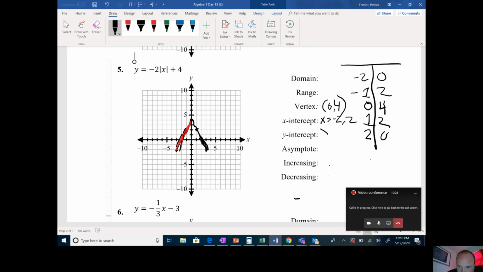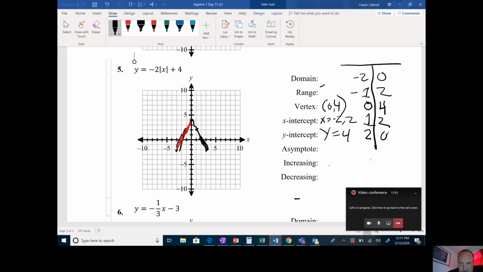So y-intercept, y equals 4. There is no asymptote. There's no line per se that this thing can't cross, at least not a vertical line. The range never goes above 4, however, so we're never going to have a range above 4.